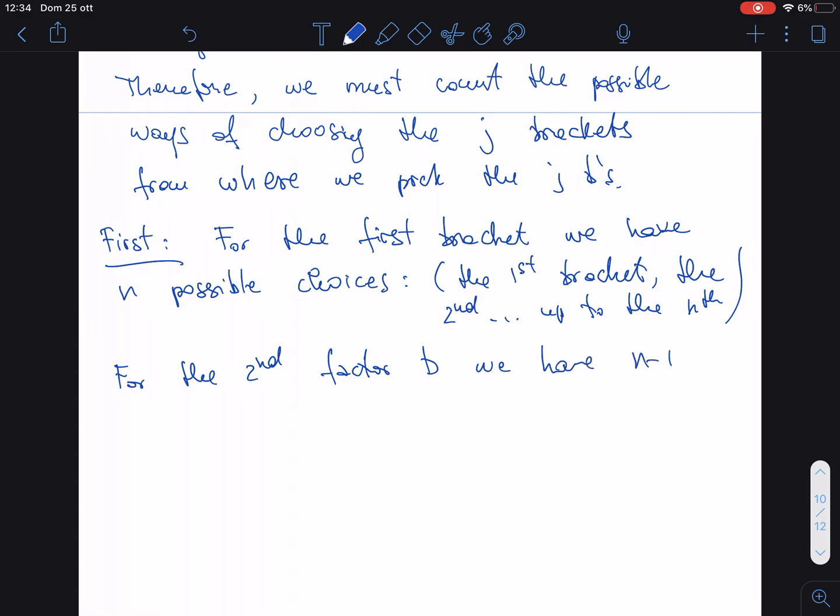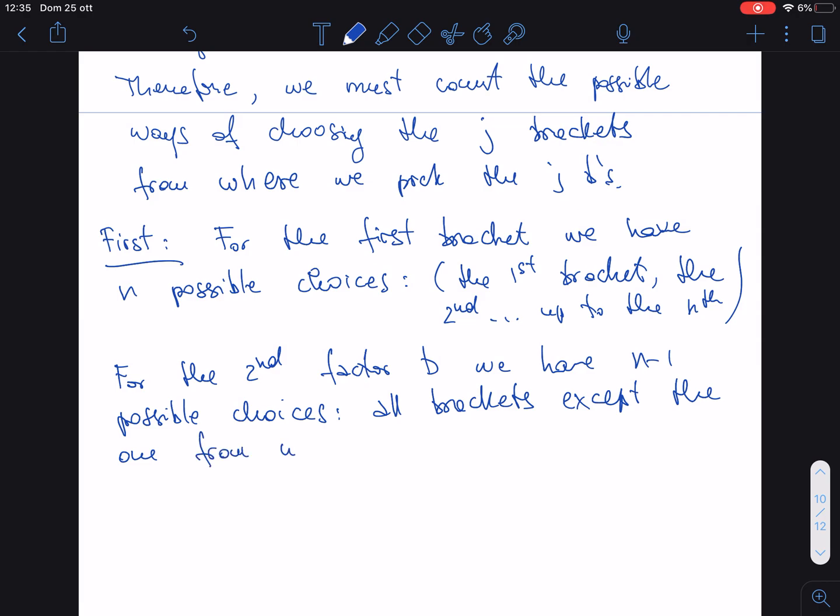We got all brackets that in principle are n, except the one from which we chose the first factor b in the previous step.